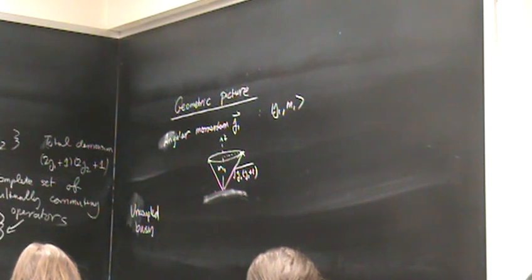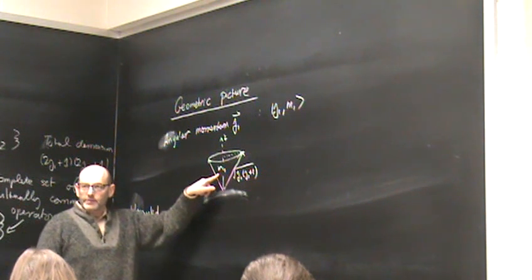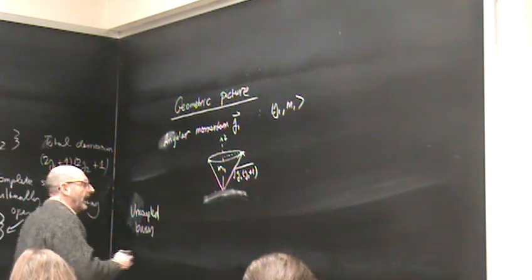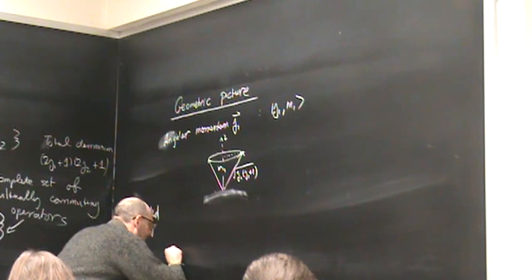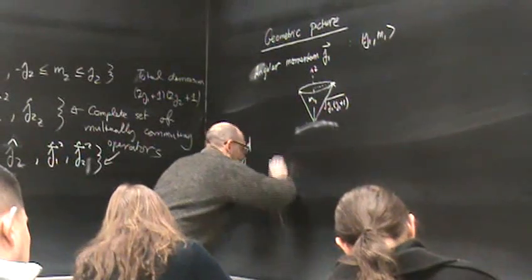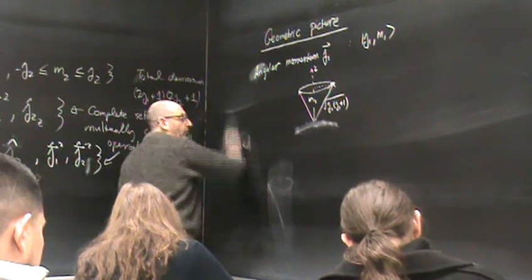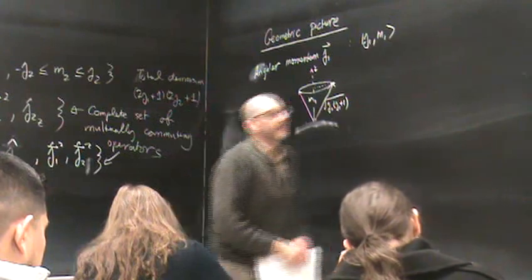We have a definite magnitude and projection for each one. So I can just kind of draw it like this. There's this cone. Let me come to another board so I'm not right in the bottom corner here. Let's try it over here.